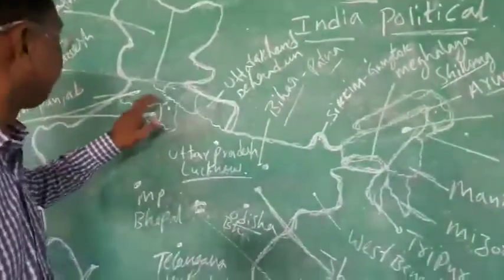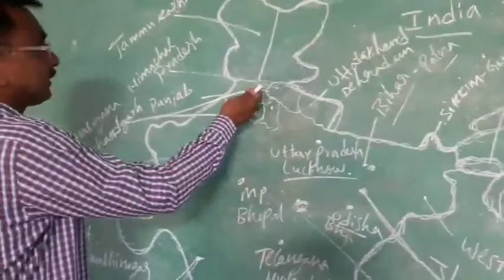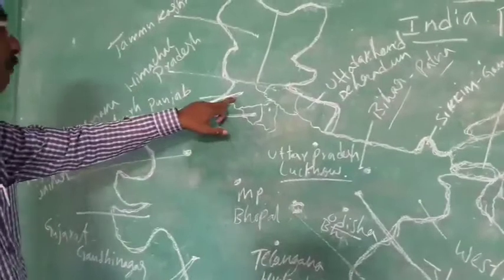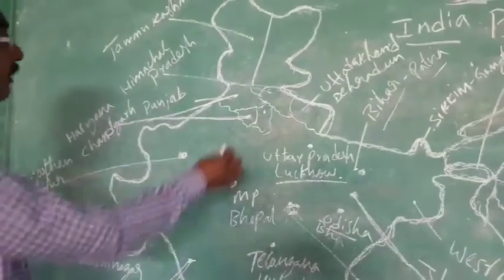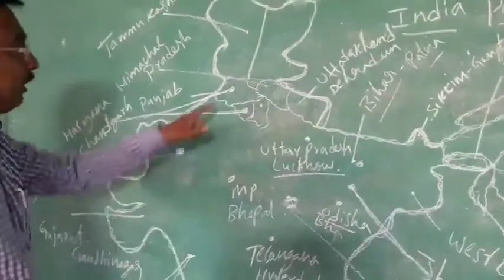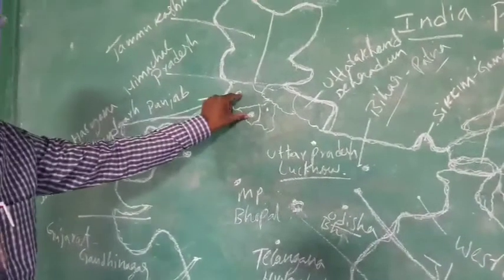You see here, first we have Punjab state, and here we have Haryana. Punjab and Haryana have only one capital, Chandigarh.